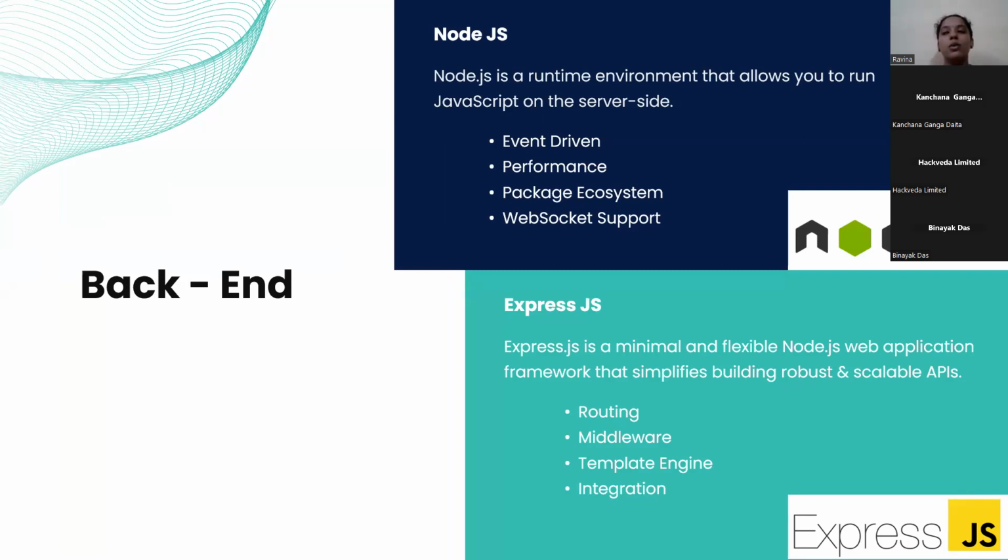It doesn't interrupt the execution of code by waiting for IO operations. Further, it uses system calls. For high performance, it uses the V8 engine to compile JavaScript into machine code. And the high performance is also due to parallel concurrent processing, so it can run multiple processes in parallel.